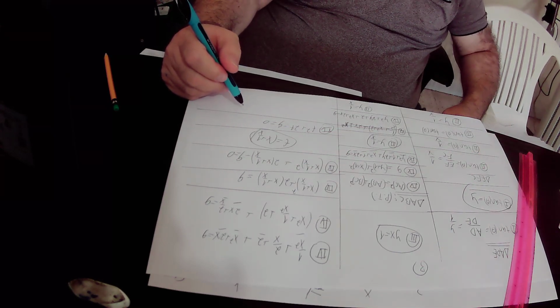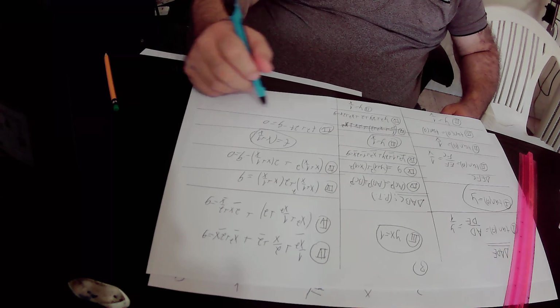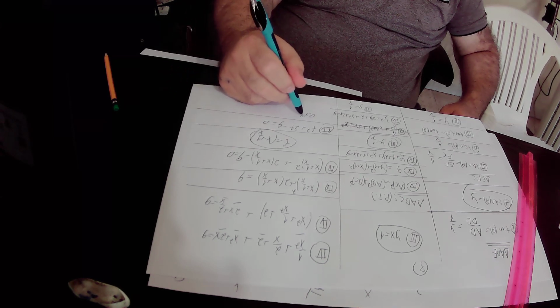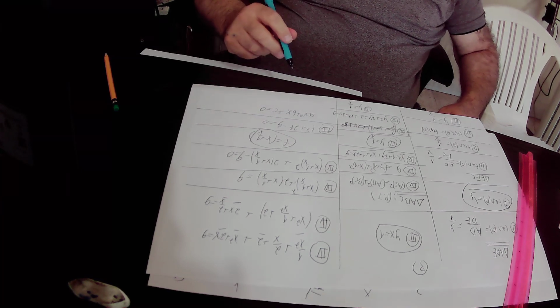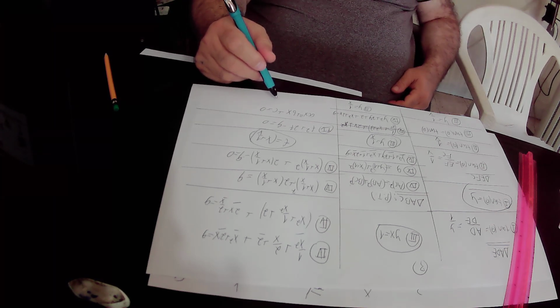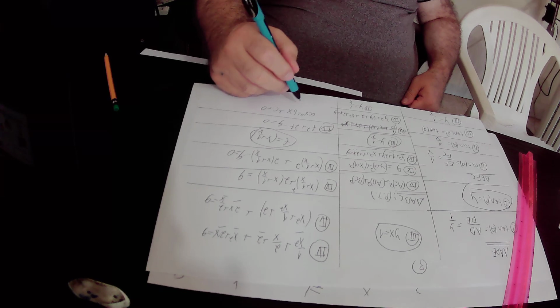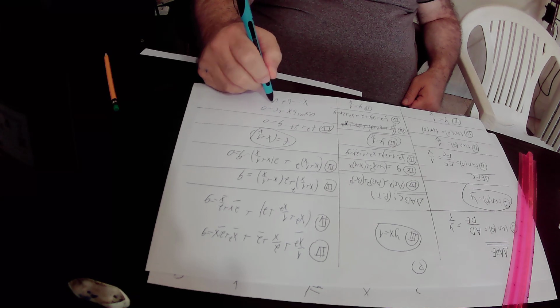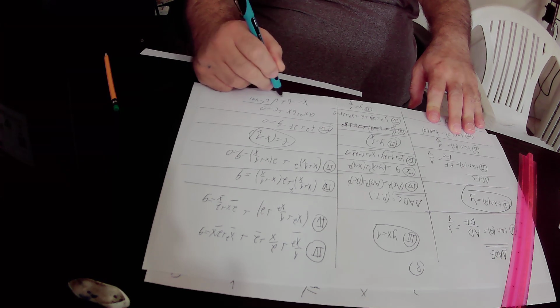So here we have a quadratic equation, and the general formula for a quadratic equation is ax squared plus bx plus c equals 0. Here a, b, and c are the coefficients of this quadratic equation, and x is the variable that we are looking for, and we will find the value of x according to a special formula. x equals minus b plus or minus the square root of b squared minus 4ac, over 2a.